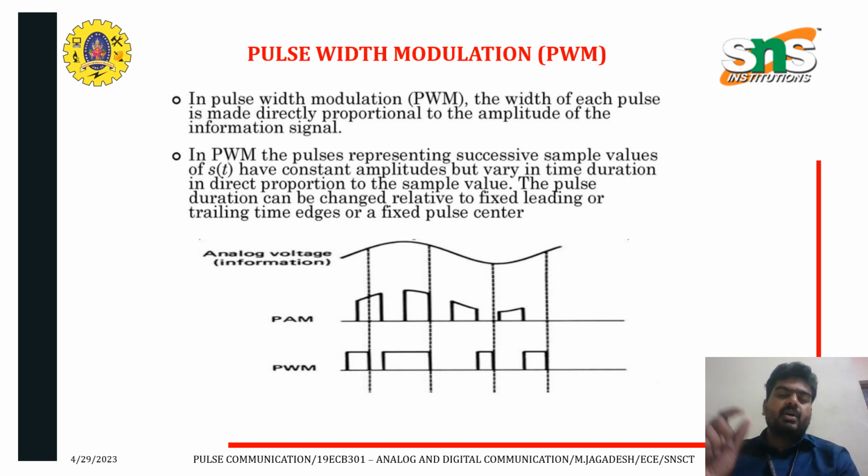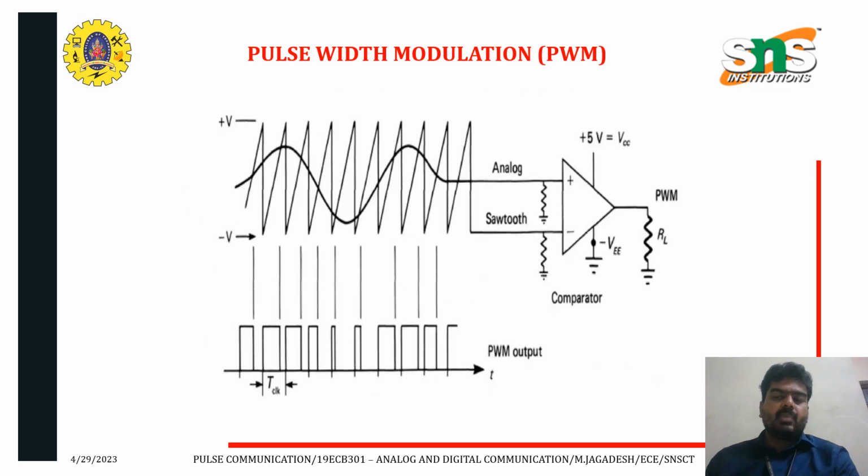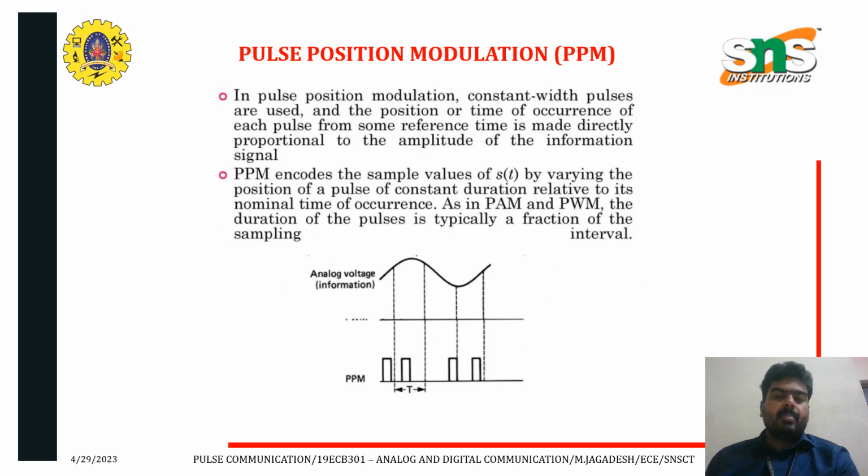If the amplitude of the analog voltage increases, the width of the carrier pulse will increase proportionally. The amplitude remains constant in the PWM case, so there is a difference between PWM and PAM. And this is the circuit diagram where we can get the PWM signal.